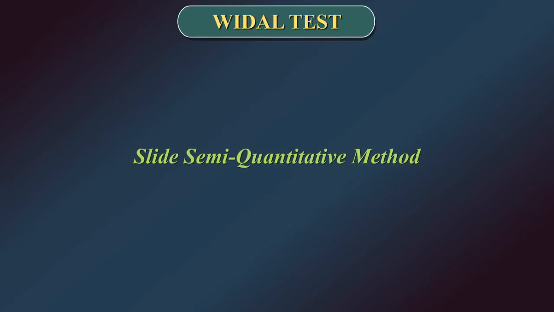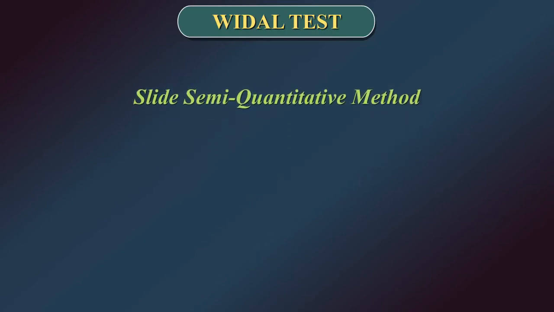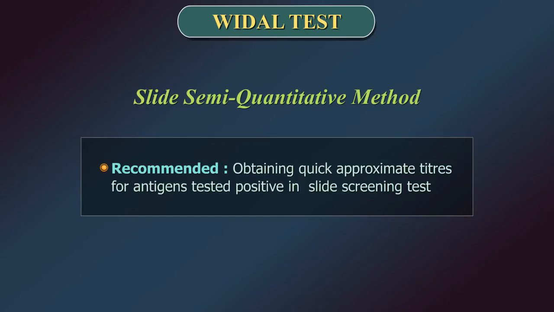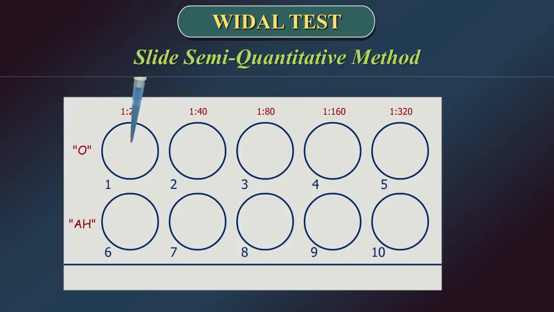Slide semi-quantitative method. This method is recommended for obtaining quick approximate titers only for the antigens that tested positive in the slide screening test. Using a pipette, place 80 microliters, 40 microliters, 20 microliters, 10 microliters and 5 microliters of patient serum to be tested on 5 different reaction circles on the glass slide.